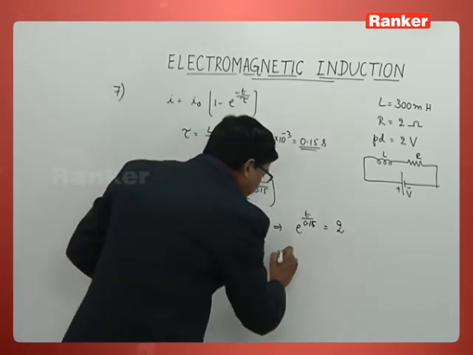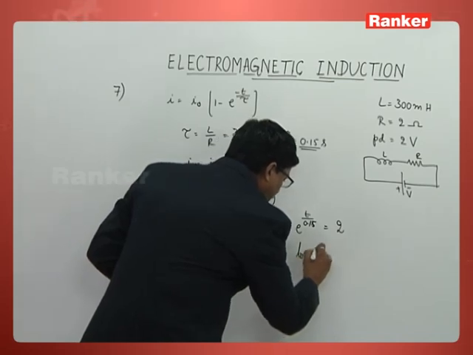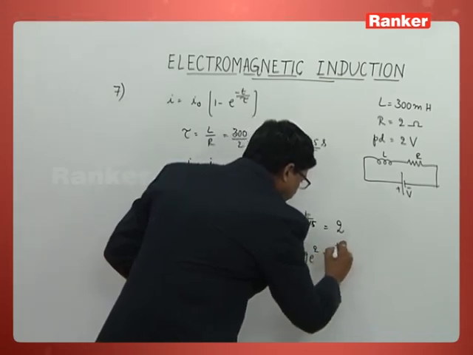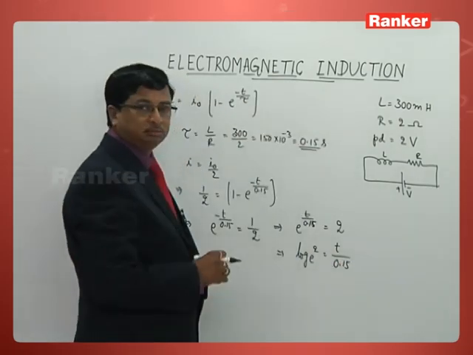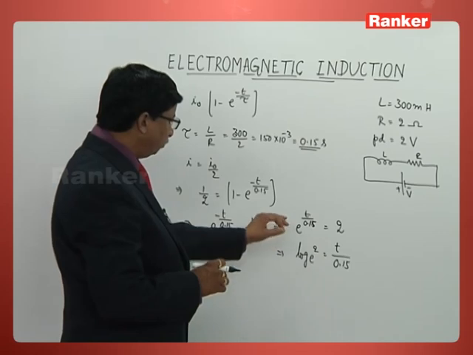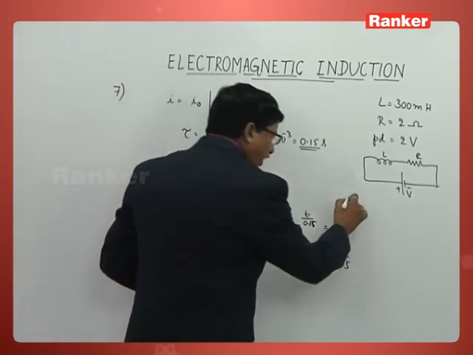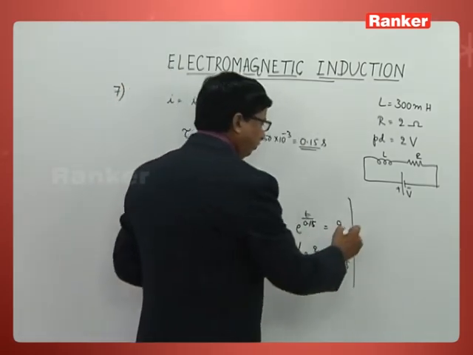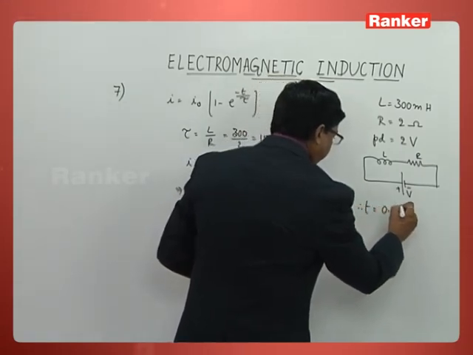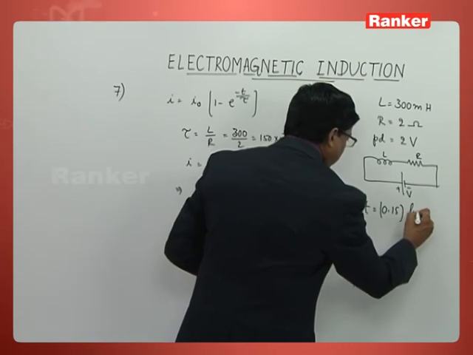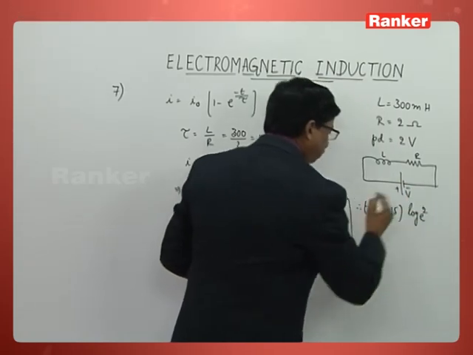This now becomes log of 2 to the base e is t by 0.15. Our required value is small t. Therefore, small t is equal to 0.15 into log of 2 to the base e.